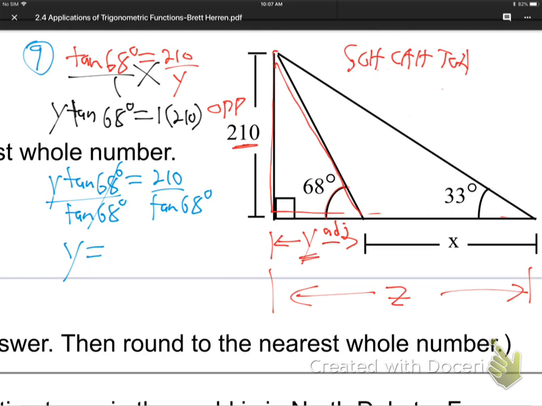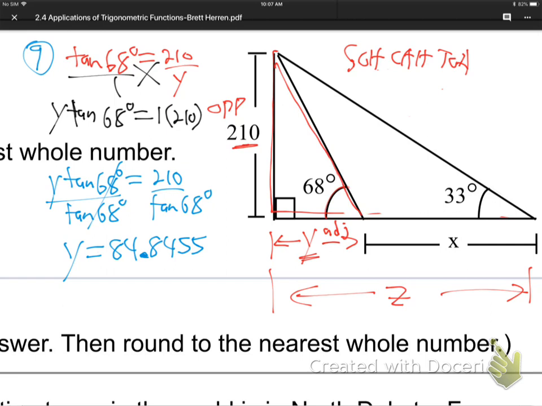So what is that? I'm getting 84.845. Again, I'm going to use a lot of decimals because I'm still in the middle of the problem. 84.8455. So there's Y.